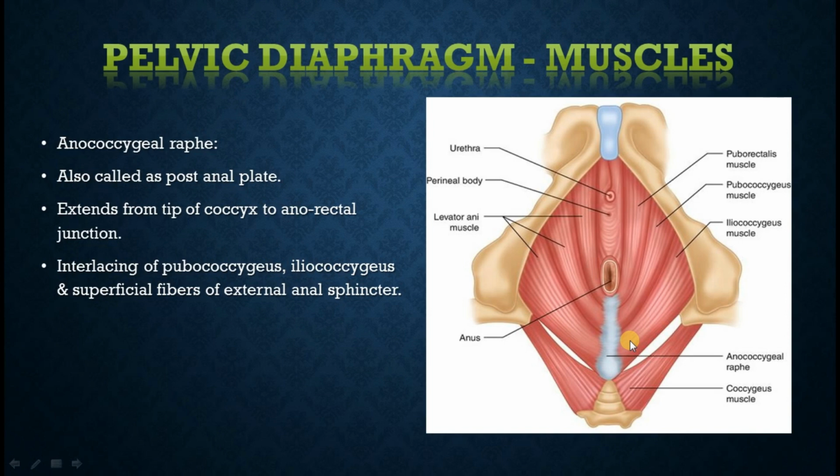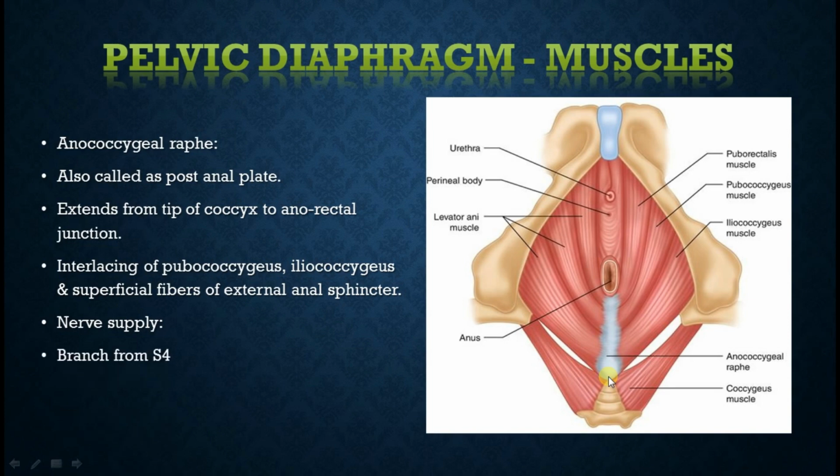Your external anal sphincter has three parts. It has a superficial part, then an intermediate and a deep part. Okay. So this actually merges with the external anal sphincter. Anococcygeal raphe is where the fibers of the pubococcygeus, iliococcygeus and external anal sphincter merge.